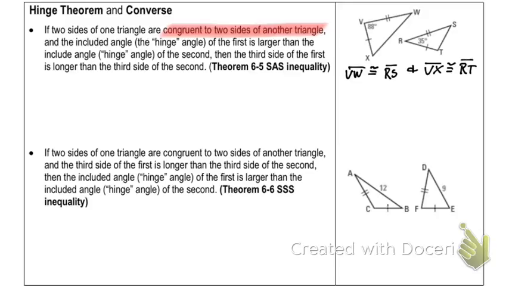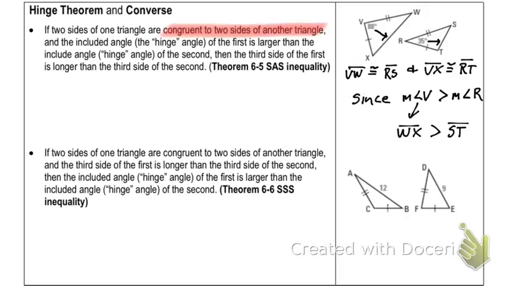Now, since the angle between those two, in other words, since the measure of angle V is bigger than the measure of angle R, the sides opposite will follow suit. So the side opposite V is WX. So it will follow suit that WX is larger than the side opposite angle R. The side opposite angle R is ST.